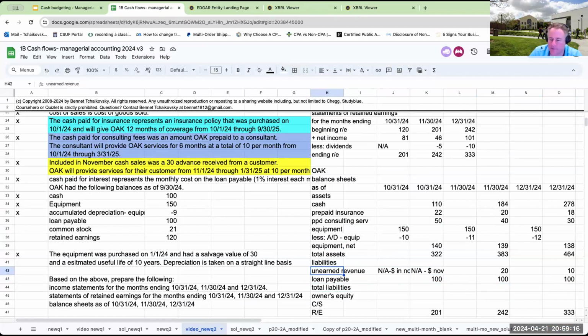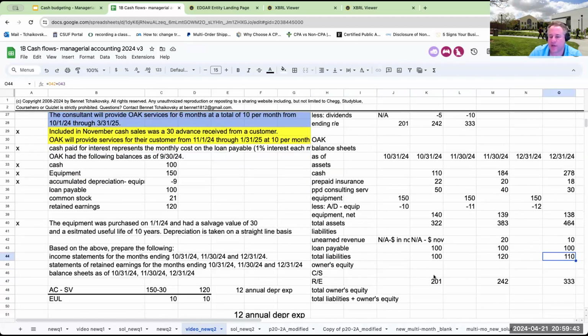There was no accounts payable, but I had unearned revenue and a loan payable. So my total liabilities as of, excuse me, on October 31st, we're at 100. As of November 30th, it was at 120 because we've got that unearned revenue coming in. And over here, we've got this last one over here at 110.